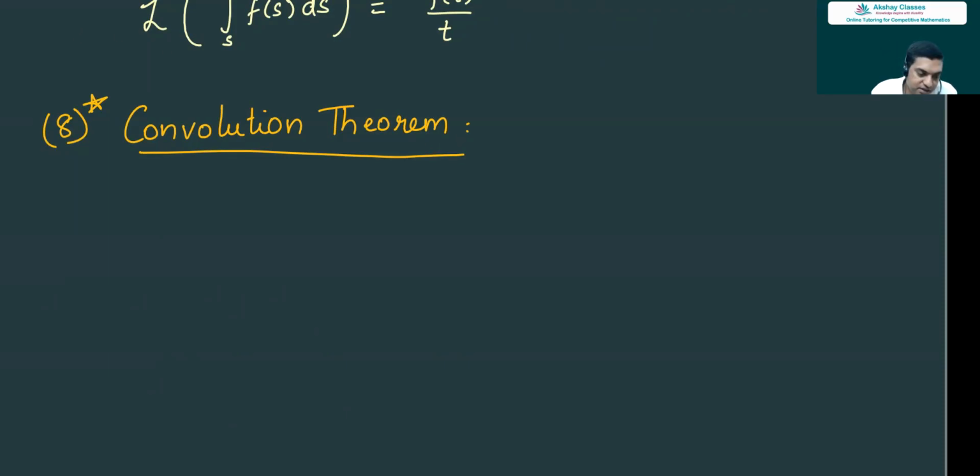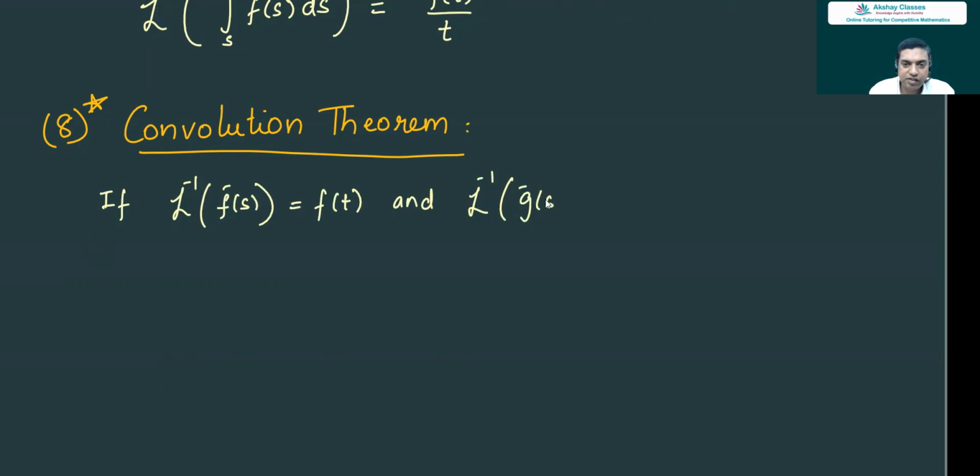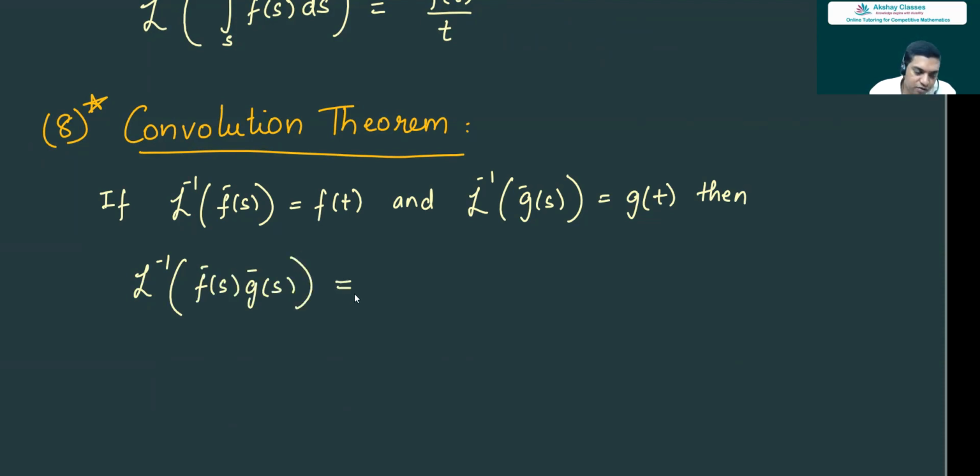Now what this says is, if Laplace inverse of f bar of s is equal to f of t and Laplace inverse of g bar of s is equal to g of t, then the Laplace inverse of the product f bar of s into g bar of s is not just the product of f of t and g of t.